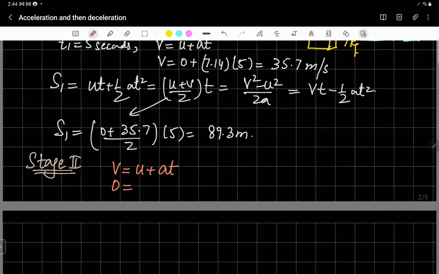Final speed is 0. The final speed of the previous stage is the initial speed of this stage. Okay, 3.57 seconds.